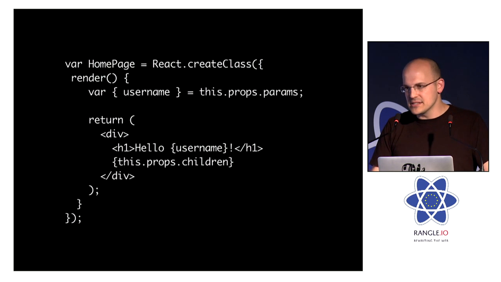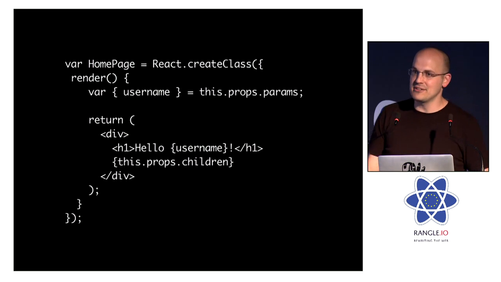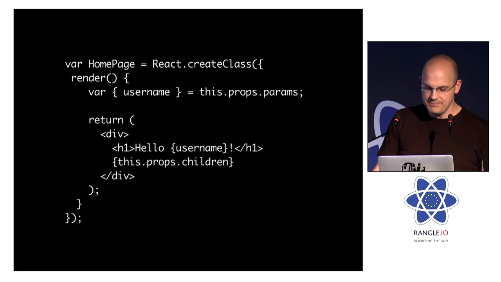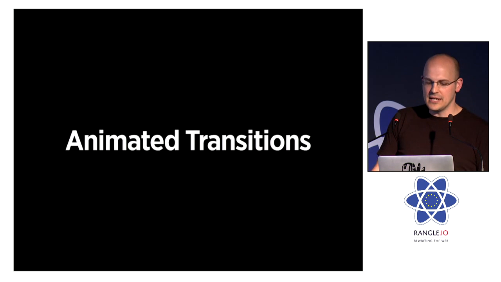Now our component looks a lot more like just any other vanilla React component. And I think it's our better understanding now of how React works that has allowed us to make these changes. Something that's a really cool side effect of just using children is that it becomes a lot easier to do stuff like animated transitions.